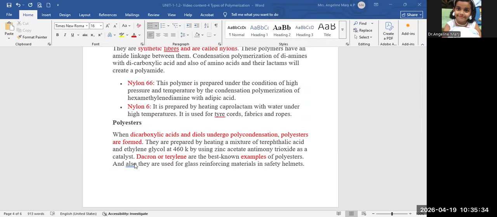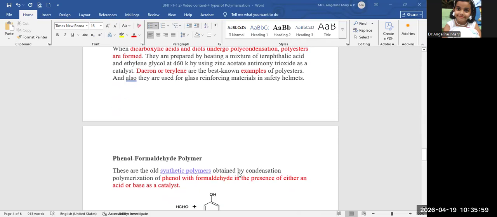In many competitive exams, they give options like Dacron, Terylene and some other examples, but Dacron or Terylene are the best examples of polyesters. They are also used as glass reinforcing material in safety helmets.